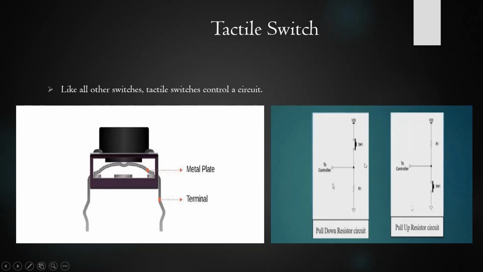The next one is the pull up resistor circuit. When the switch is open, the controller reads 0, and if the switch is closed the controller reads VDD. These are the two major classifications of tactile switches in a control circuit: pull down resistor circuit and pull up resistor circuit.